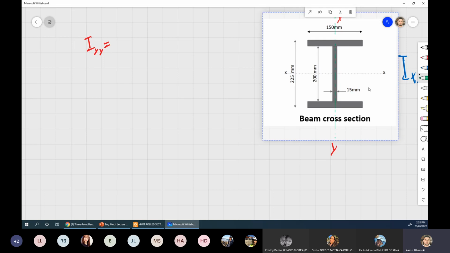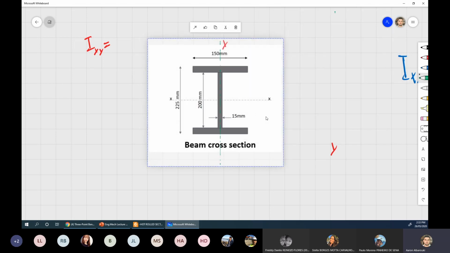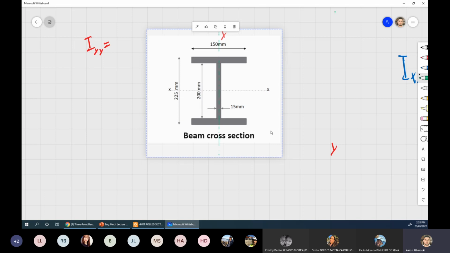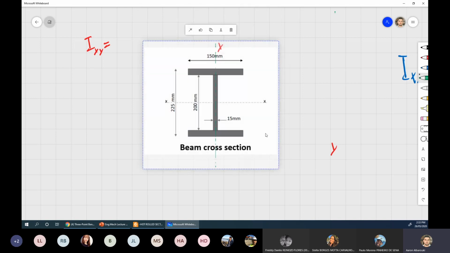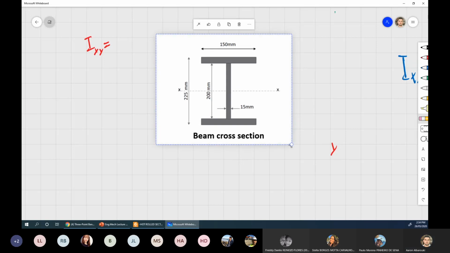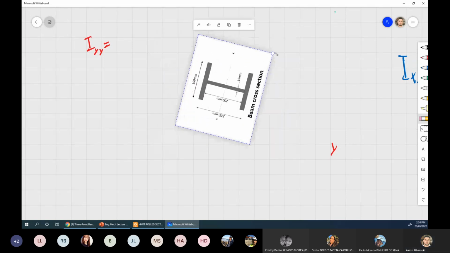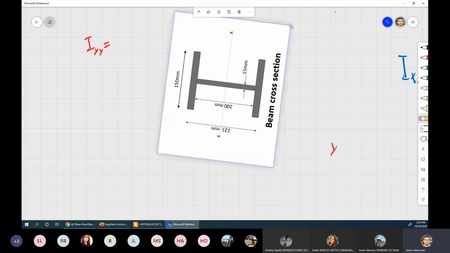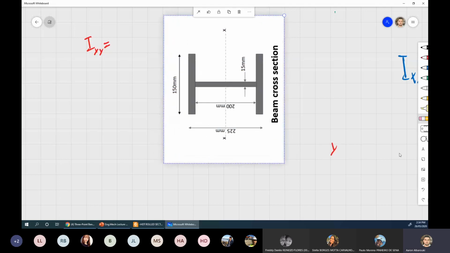How about this? In other words, all we have to do is that. This is your section name, simple as that, and your YY is just here.